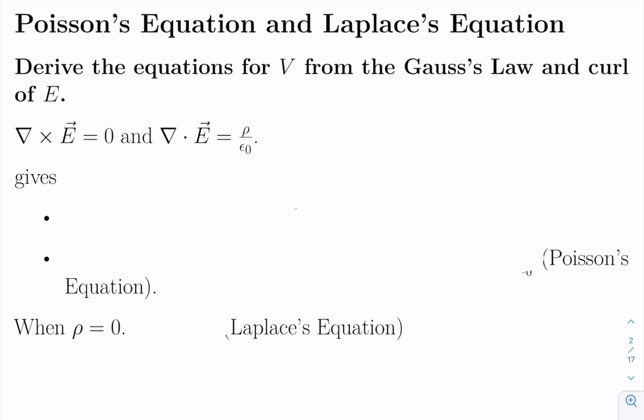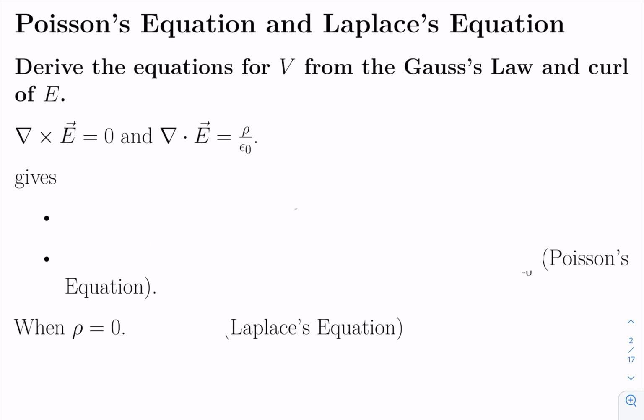For the Maxwell equations, there are two expressions for the electrostatic case. That is, del cross E must be 0, and del dot E must be equal to the density of the charge.